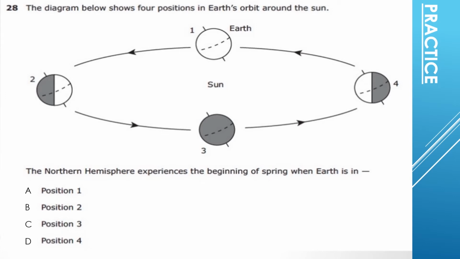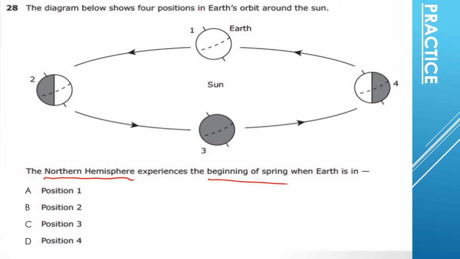So let's take a look at an example question. So right here, the diagram shows 4 positions in Earth's orbit around the sun. The northern hemisphere experiences the beginning of spring when Earth is in position 1, 2, 3, or 4. And so let's go ahead and underline our most important things. Definitely want to underline northern hemisphere because that's what we're looking at.